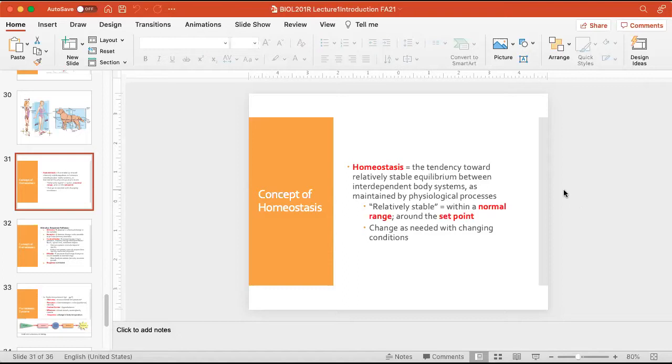I want you to think of homeostasis as a state that the body is in or not in. It's a stable, sort of predictable, managed state. When you're in homeostasis, the body is in a state where it functions most effectively.